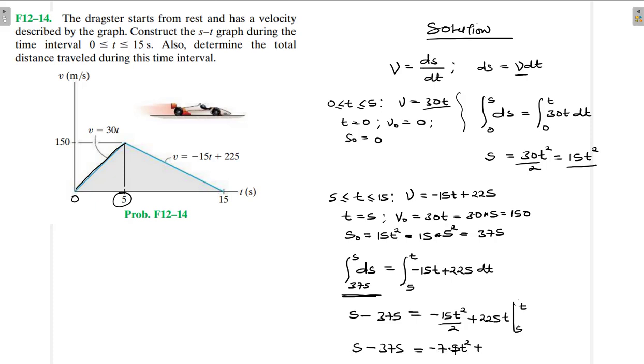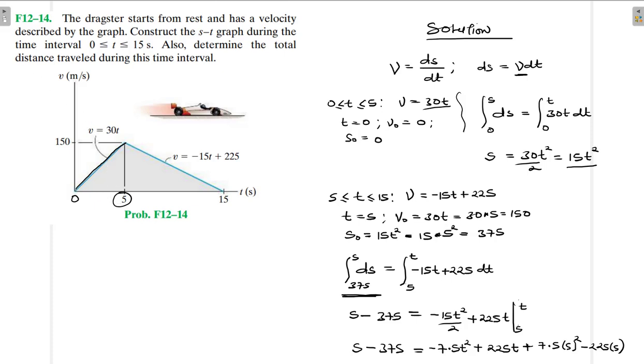So minus 7.5t squared plus 225t, then minus, this is a 5 down, minus it becomes a plus 7.5 by 5 squared, and then minus 225 by 5.